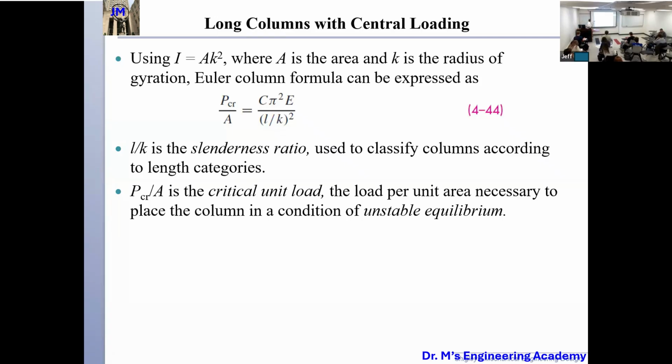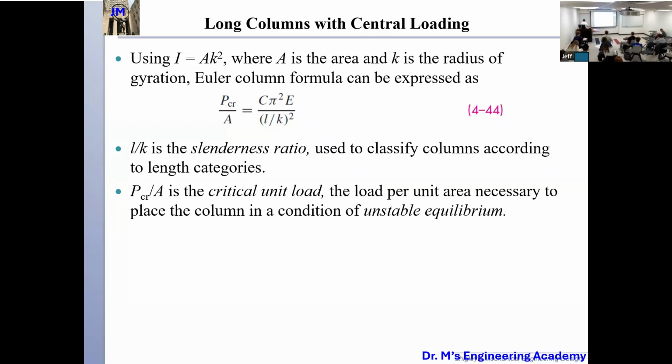So P_cr over A is a critical unit load, okay? Unit load. Why? I divide this P_cr by the cross-sectional area. So the critical unit load is the load per unit area necessary to place the column in a condition of unstable equilibrium.